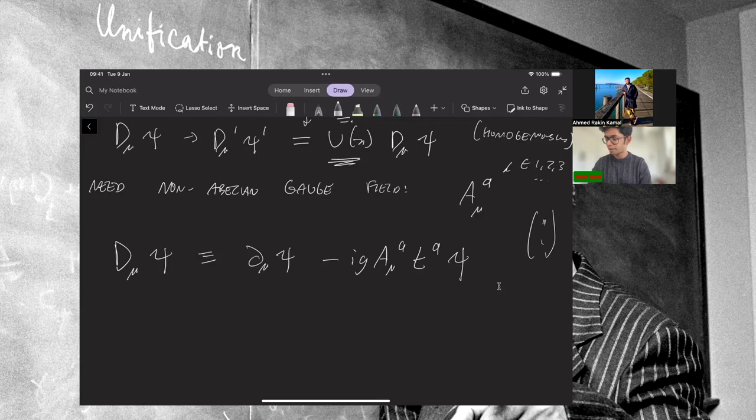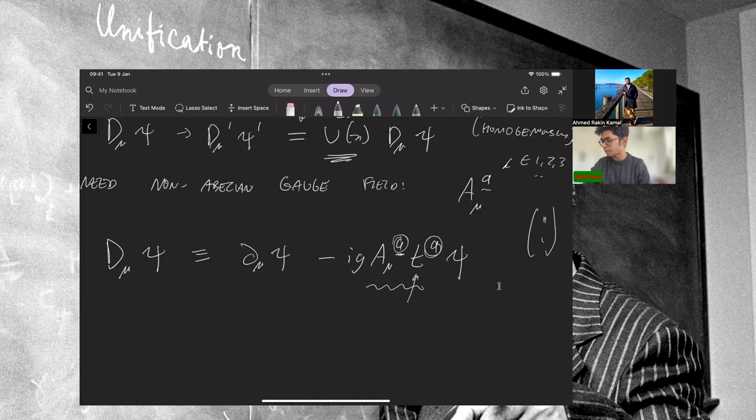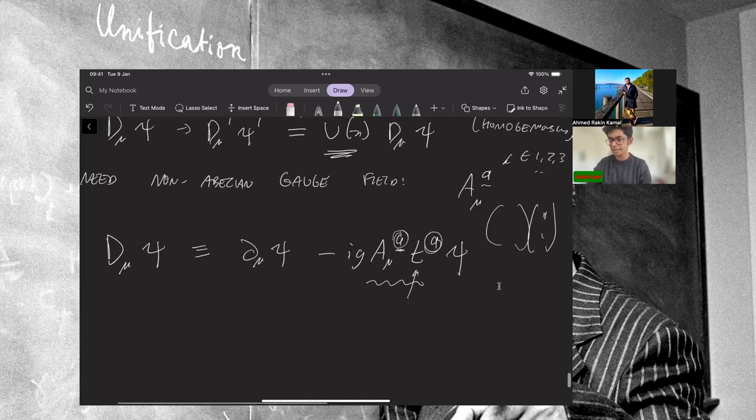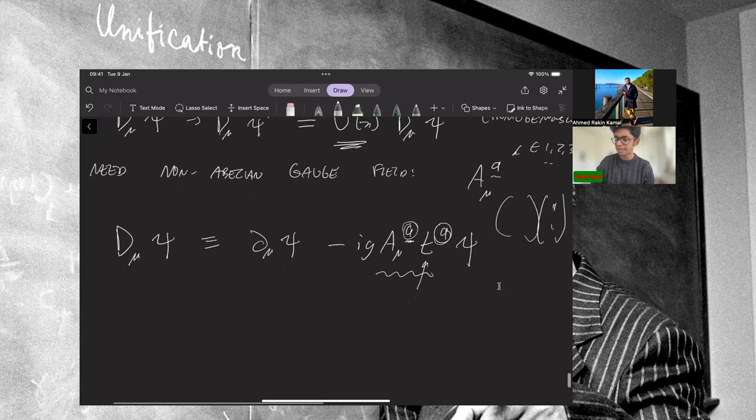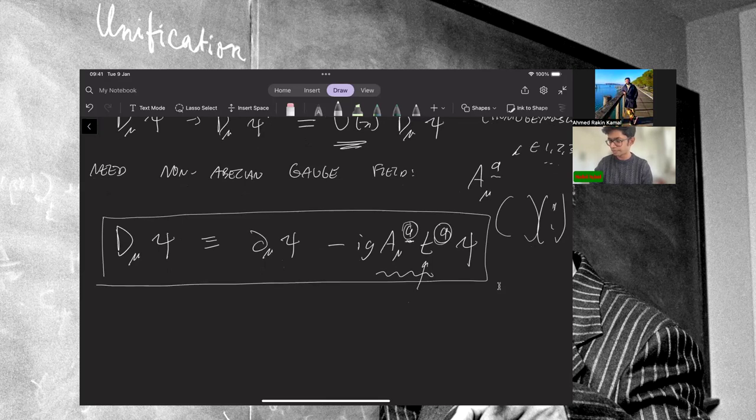Partial_mu psi is partial_mu psi. This thing says we have three vector fields, sum over all the indices, and multiply each of the A's with the corresponding T. This T is a matrix, and that matrix multiplies this two-component object. That is what this formula means, and this is the non-abelian gauge covariant derivative.